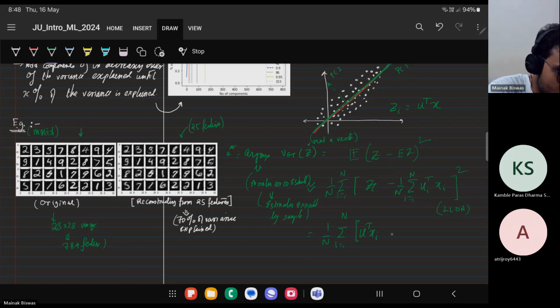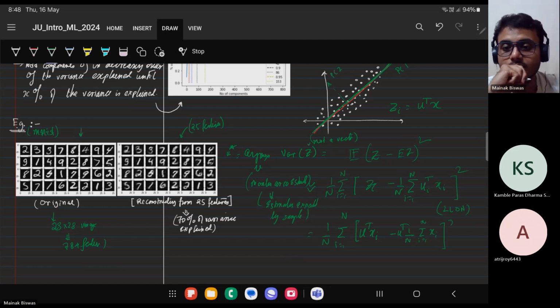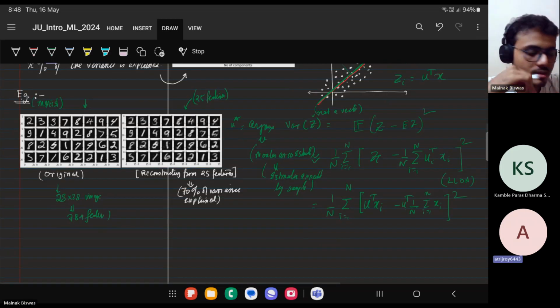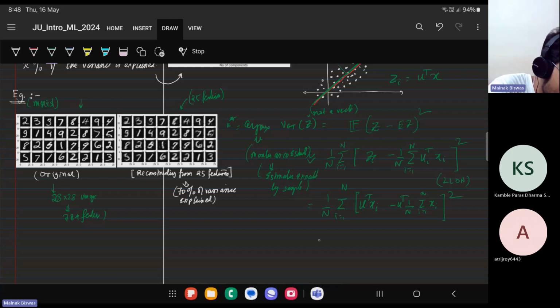And the second term is 1 by n u transpose summation of i equal to 1 to n xi. Correct? I just wrote u transpose outside. Now again, I can do a similar trick. I can write this as the mean of xi.